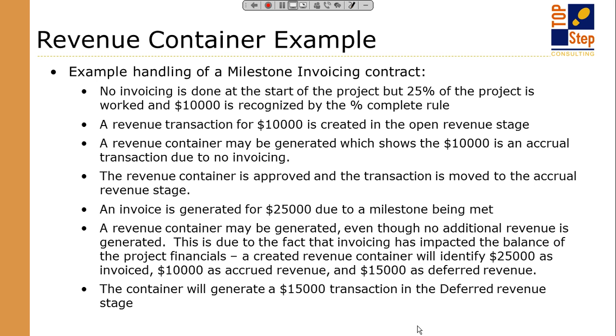I've run into customers that do need this functionality when they are trying to track month by month how much revenue they deferred or accrued each month, versus just running a revenue recognition report and doing a standard deferral or standard WIP report. The standard deferred and WIP information is based on what was invoiced and what was recognized at the time, versus a specific action that may have impacted when that revenue transaction got generated.